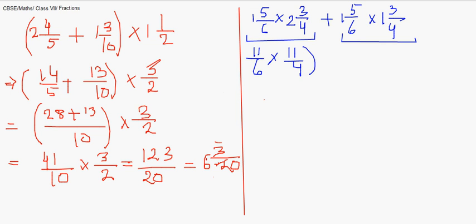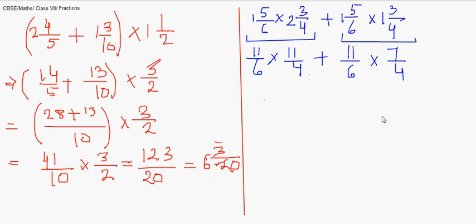I don't need to put them in the bracket, but at least keep in mind that that's one whole solution to be done. Plus here it is again 11 by 6 multiplied by 7 by 4.